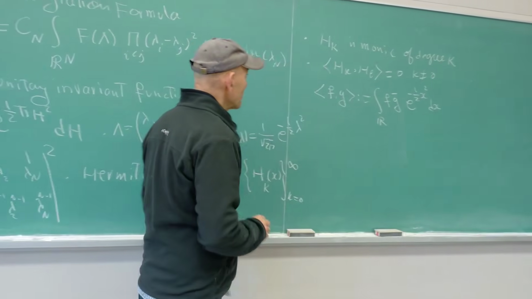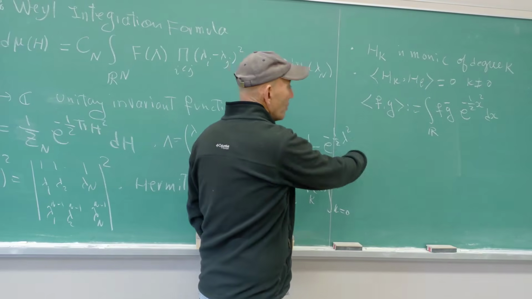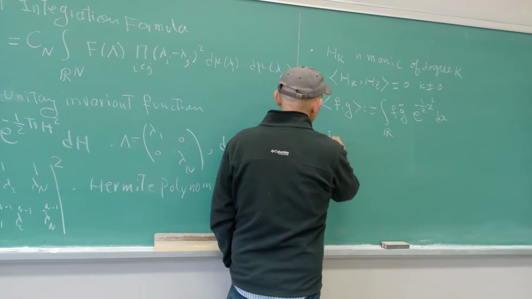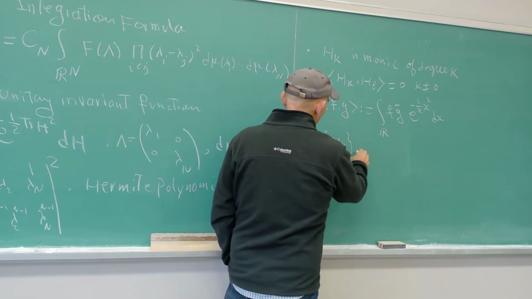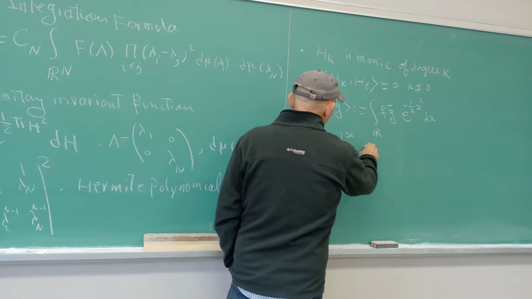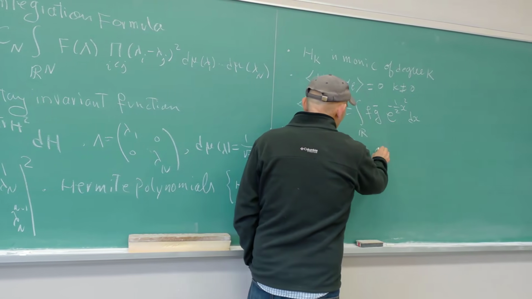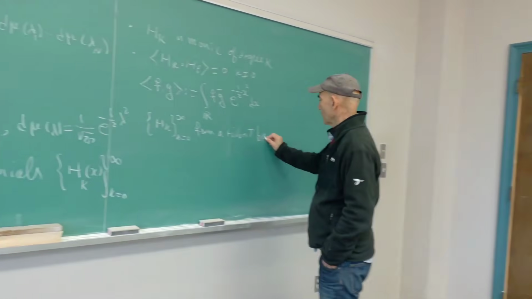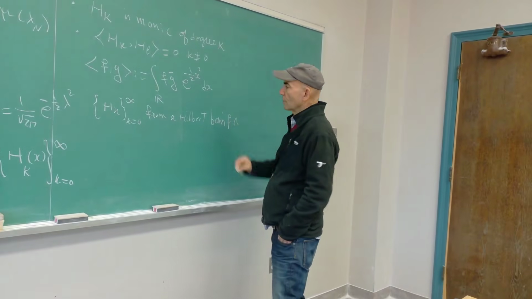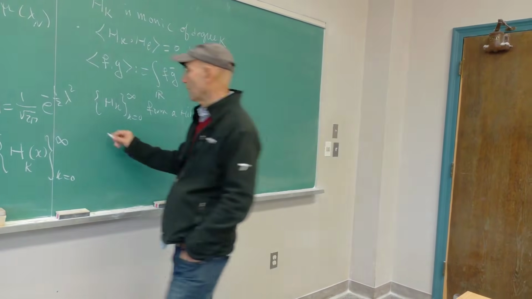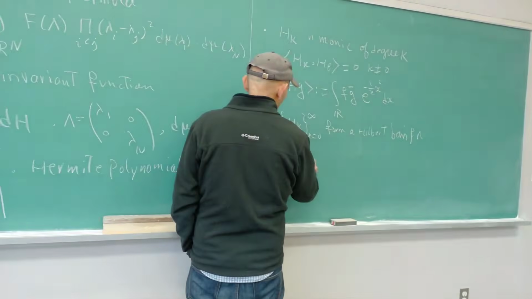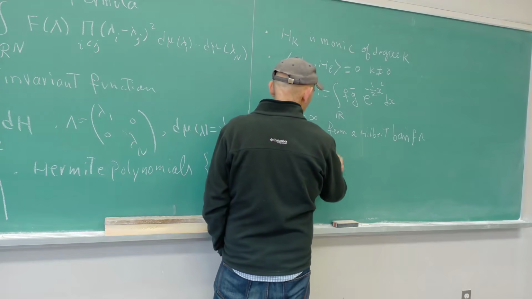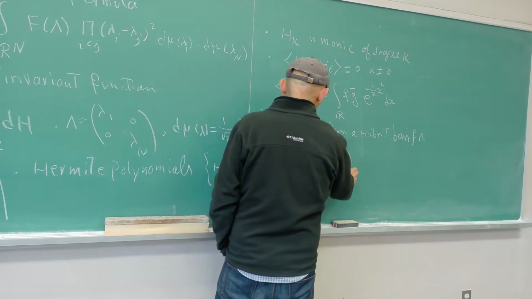In fact, what happens is that they form a Hilbert basis for the space L2 of R with this measure, exponential of minus 1/2 x squared dx.